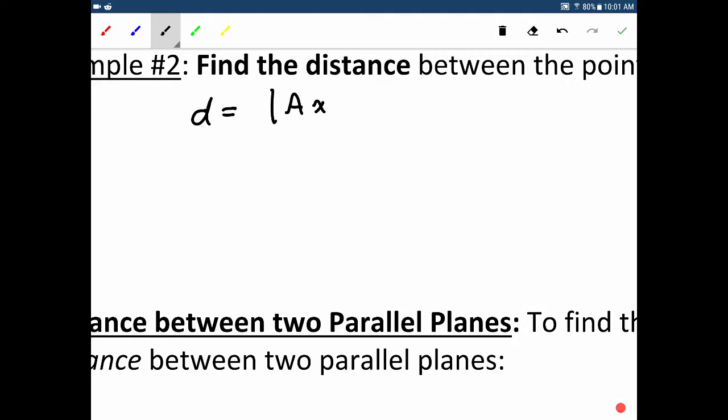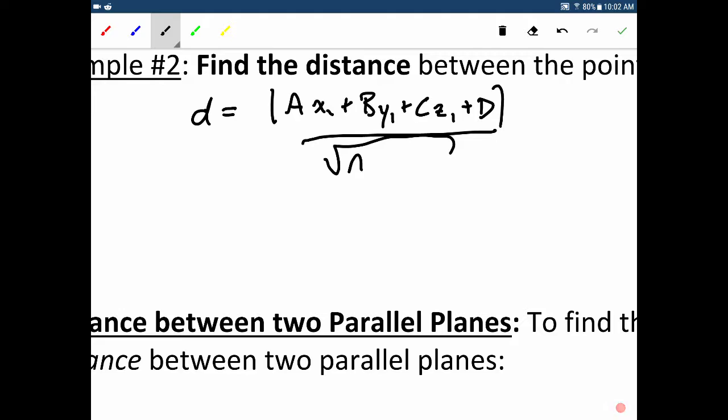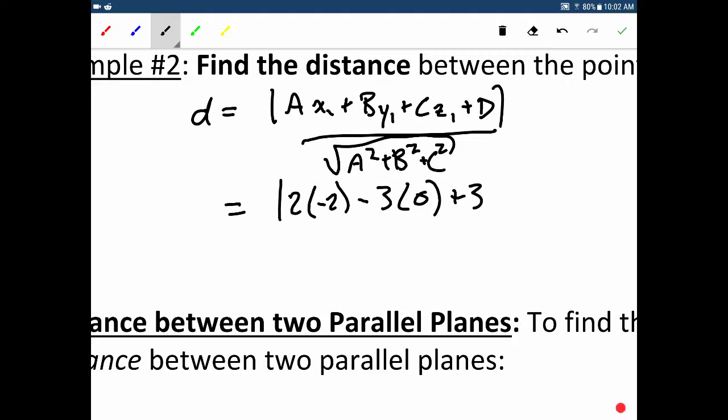So we've got A x1 plus B y1 plus C z1 plus D, and the whole thing is divided by the square root of A squared plus B squared plus C squared. So what do I get? Well, I get 2 times negative 2 minus 3 times 0 plus 3 minus 6.